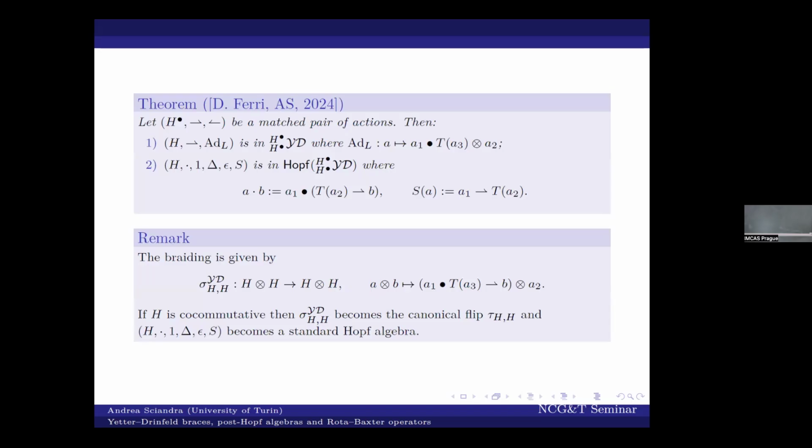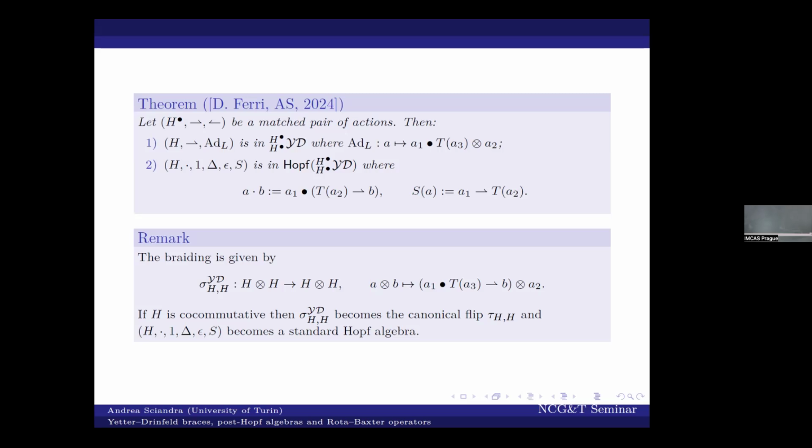Moreover, we can also define a new product dot and a new antipode S. Using what? Using our starting product bullet of H, the starting antipode T of H bullet, and their pun, and a new S using the starting antipode and their pun. And this gives us algebras in the category of Yetter-Drinfeld modules over H bullet.